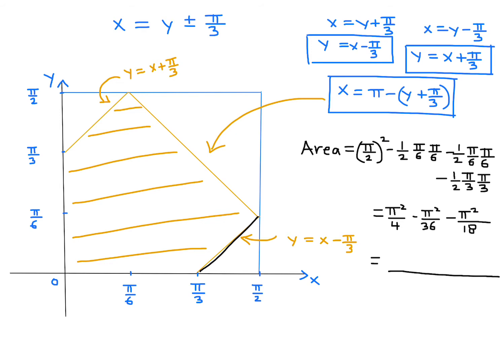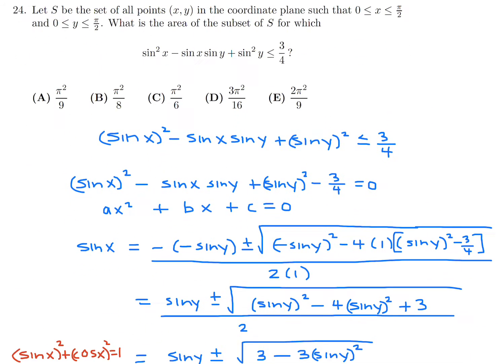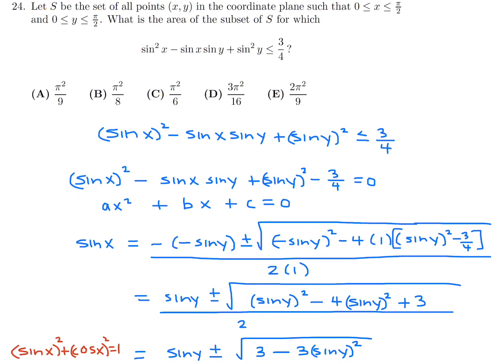So if we get a common denominator, that looks like 36, so top and bottom will be 9, so 9 pi squared minus pi squared minus 2 pi squared. So that looks like 6 pi squared over 36, and that is pi squared over 6. So that means the answer to number 24 is pi squared over 6, which is choice C.